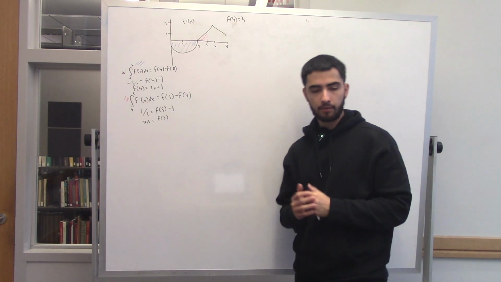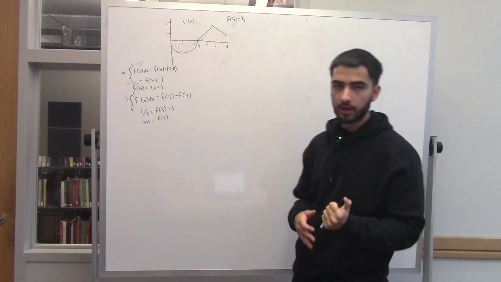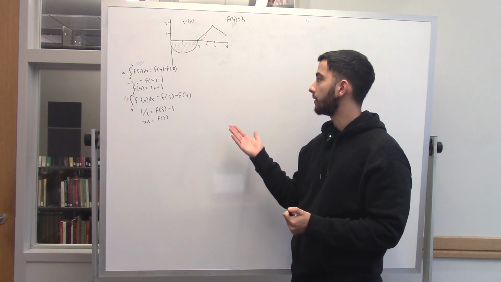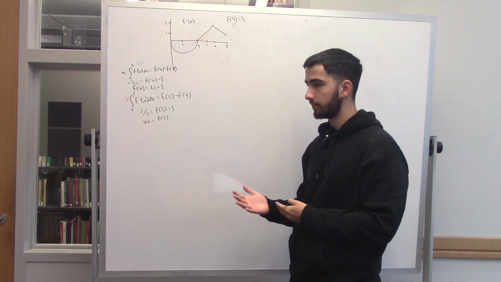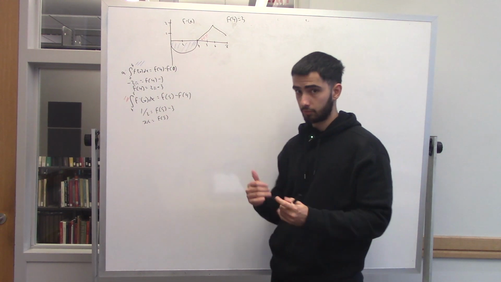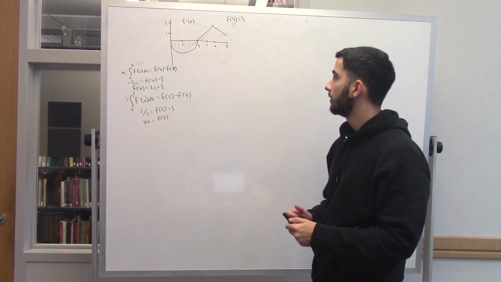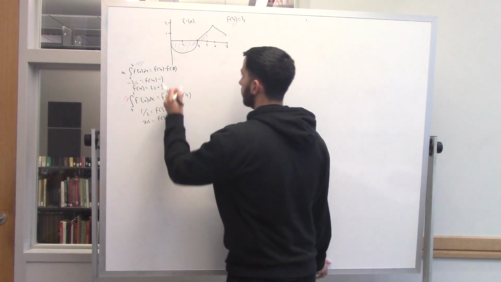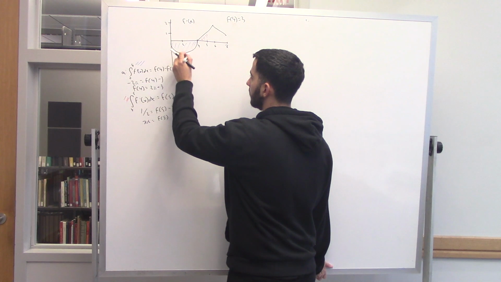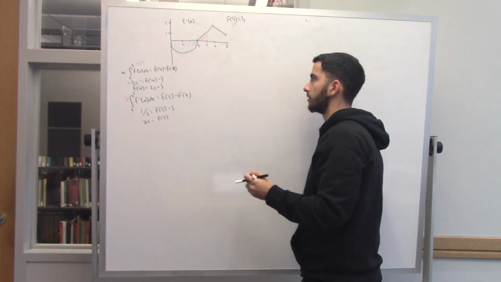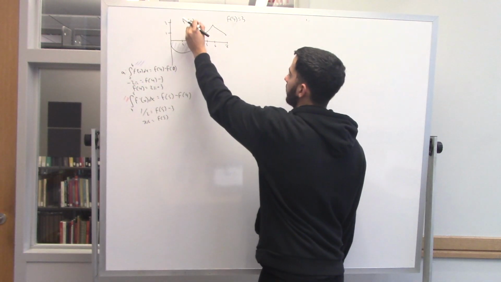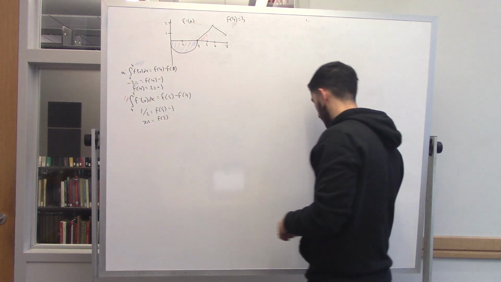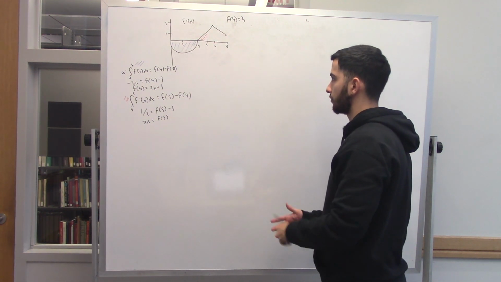Alright, now for the second part of this FRQ, we're asked to find all the points of inflection of the graph. So that's asking us to take the derivative of the graph, which in this case would be the second derivative, so that's where we want to be. So we're looking for where the slope equals 0. So at the apex of the circle, it'll be 0. And then again, up here, it'll be 0. So now how can we find those points?